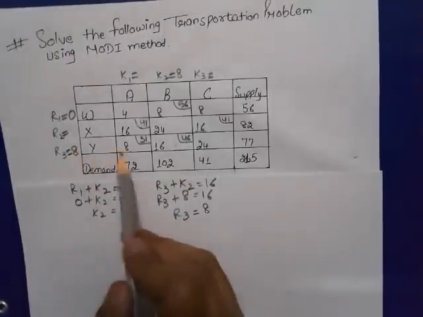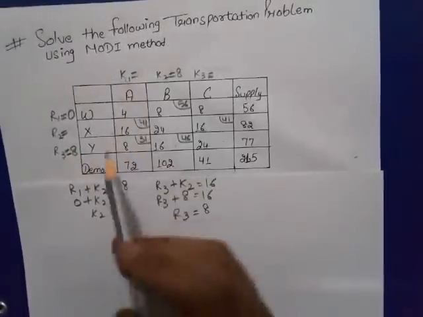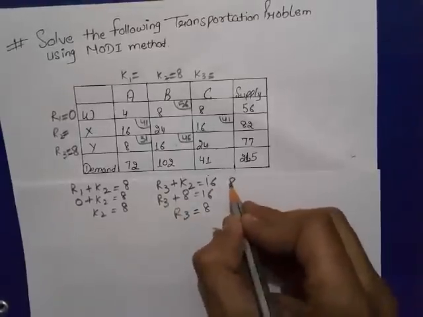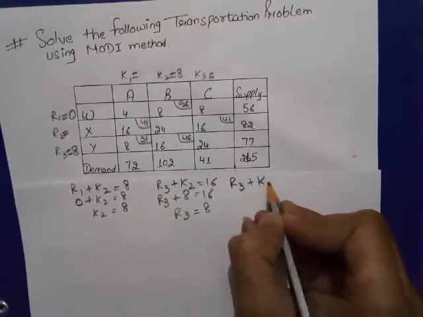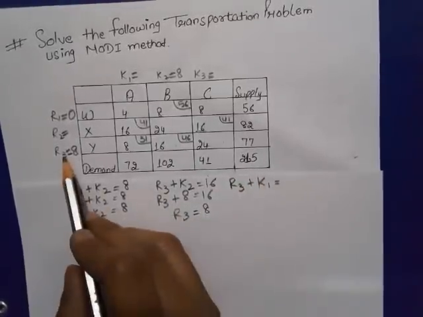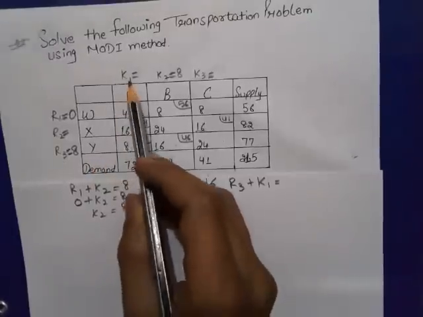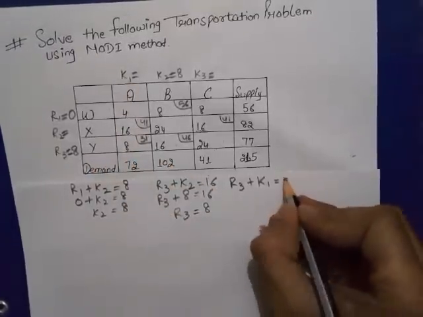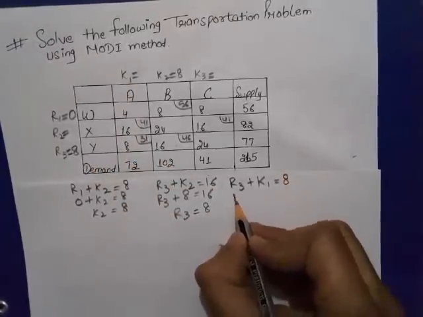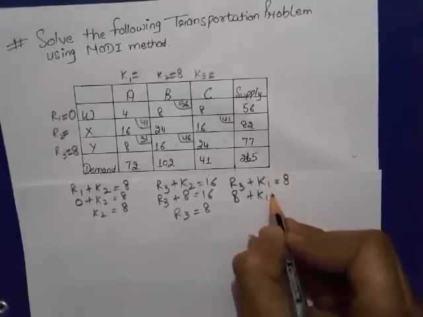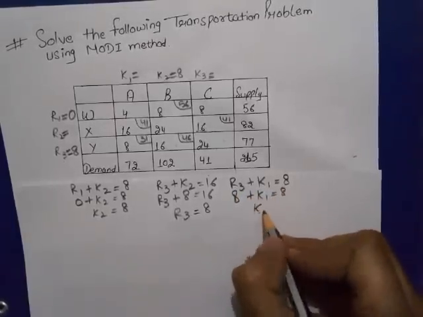With the help of R3 we are able to find K1. So R3 plus K1 is equal to 8. R3 is 8, so K1 is equal to 0.